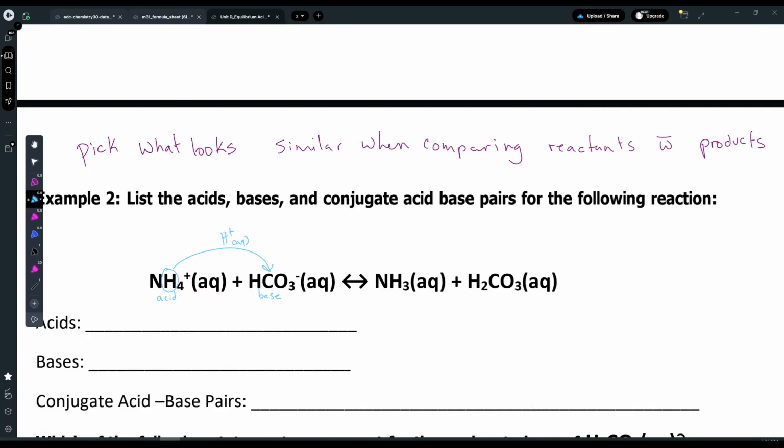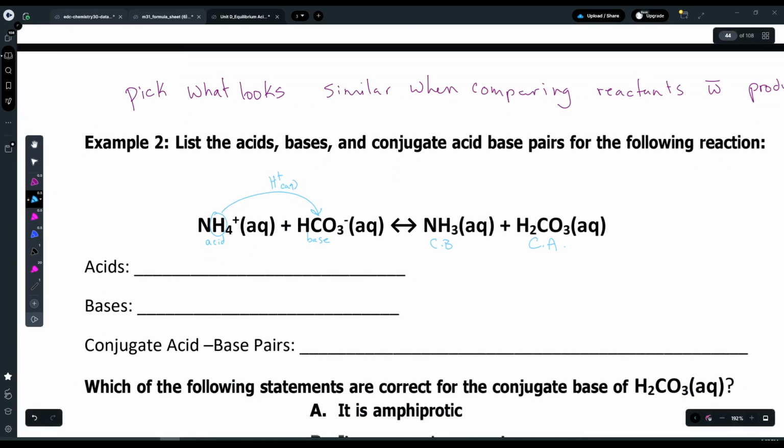So the ammonium ion looks similar to ammonia. So that means that's a pair. So since this is our acid, this has to be the conjugate base. With hydrogen carbonate, what looks similar to it is the carbonic acid. So since hydrogen carbonate ion is the base, this must be the conjugate acid.